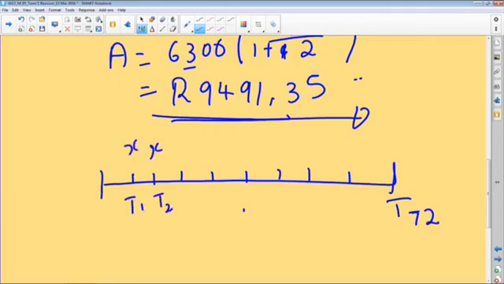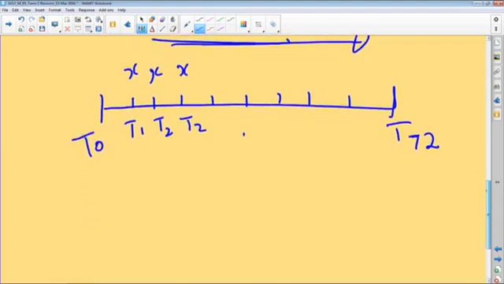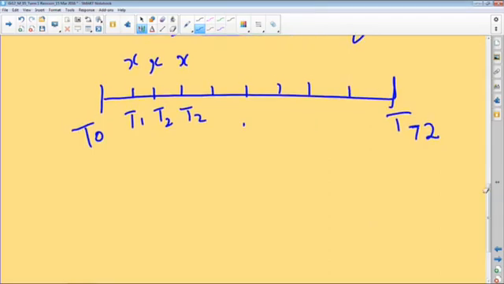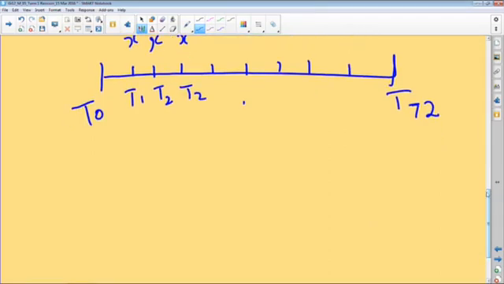How much are we putting in each month for 72 months? We know that we need to work out how much we're going to need at that point in time. So after 6 years, the deposit we know is worth 9,491 Rand and 35 cents. So that's after our 6 years.